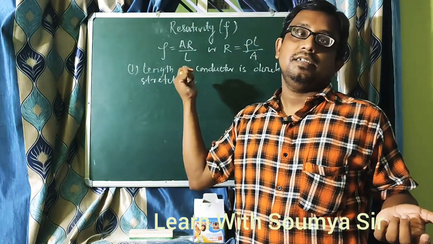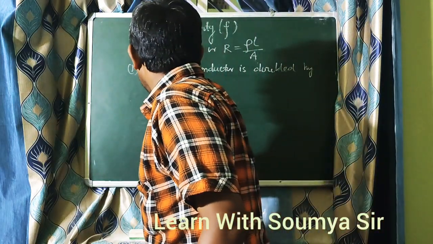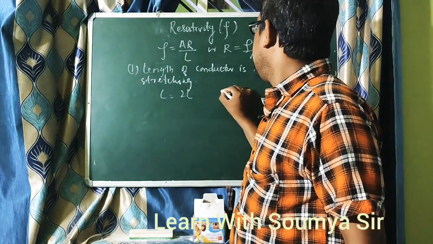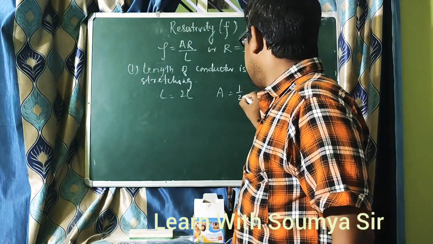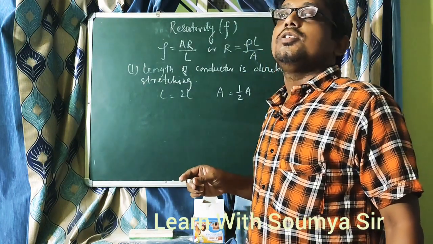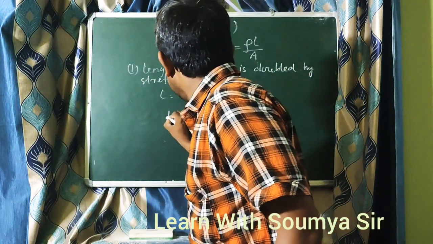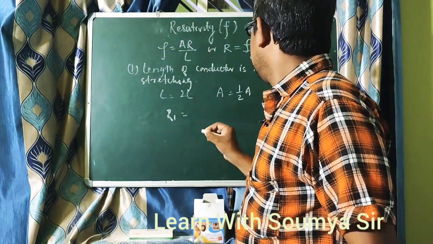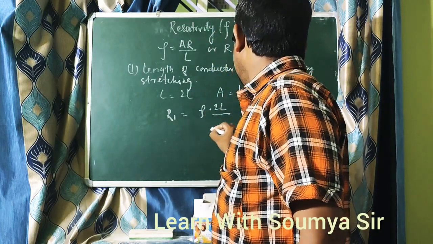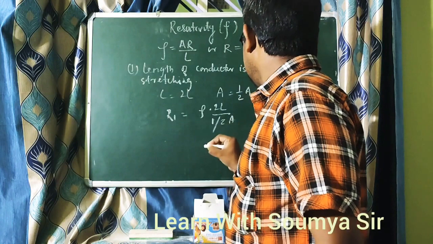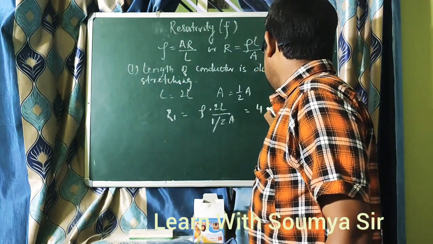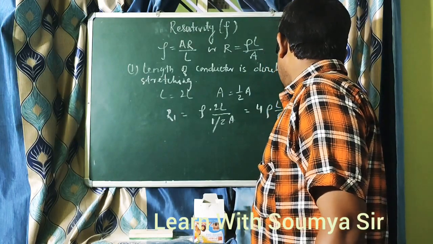Same thing happens here. When the length becomes double, that means L becomes 2L, and the area will become 1/2 A. So the new resistance R1 will be ρ into 2L into 1/(2A)... it will be 4ρL/A, or I can write 4R.